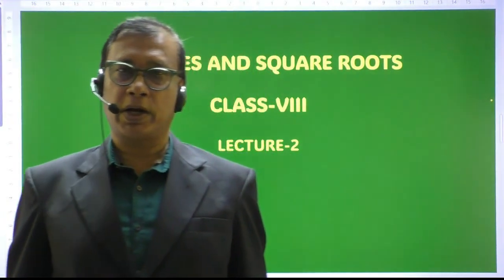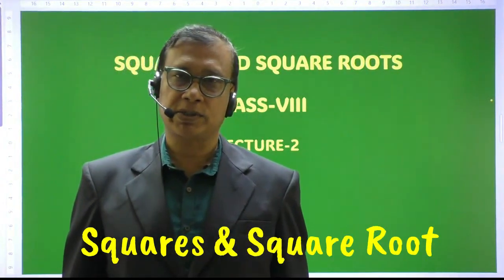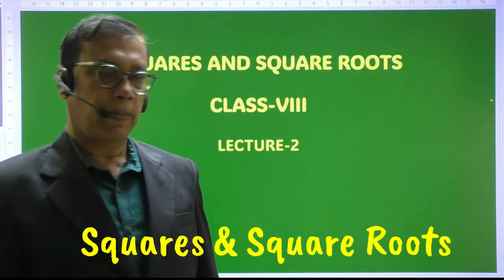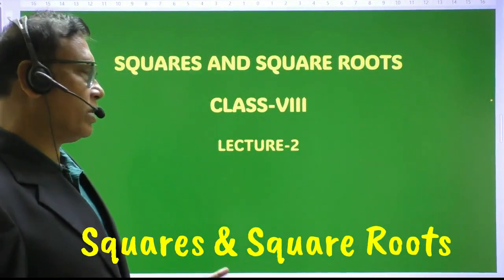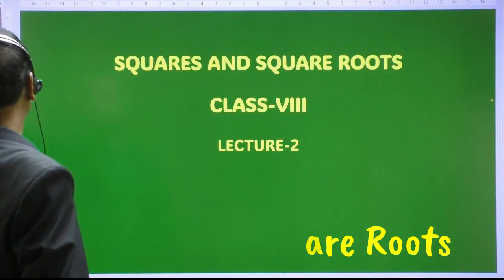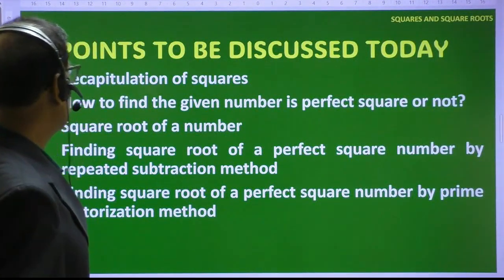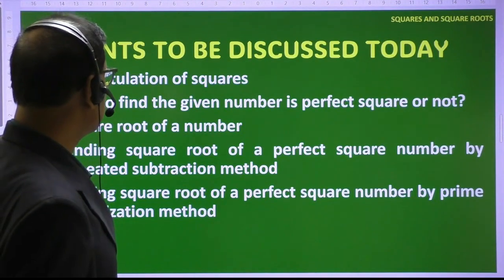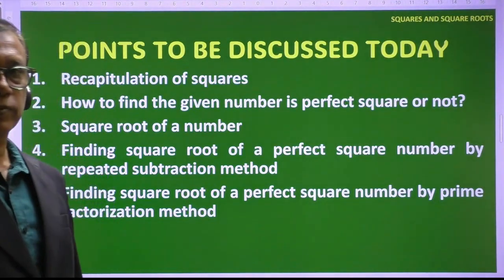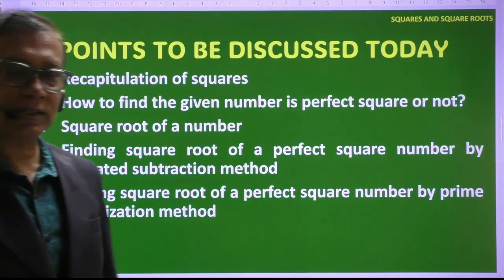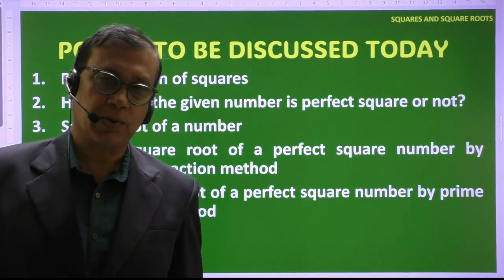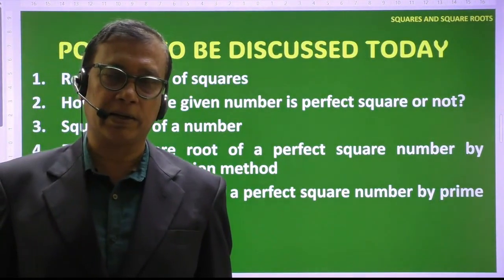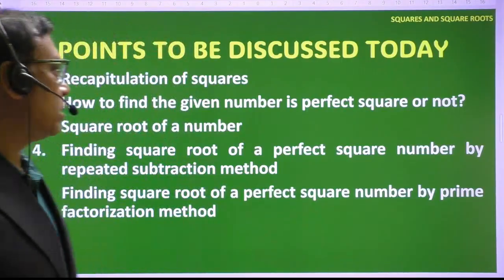Today I will continue the squares and square roots chapter. So today first I will discuss these points. First point is recapitulation of squares. That means in the last class what I have discussed, that portion again I will discuss briefly.